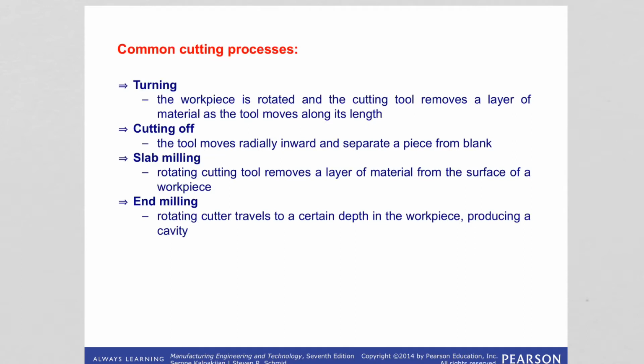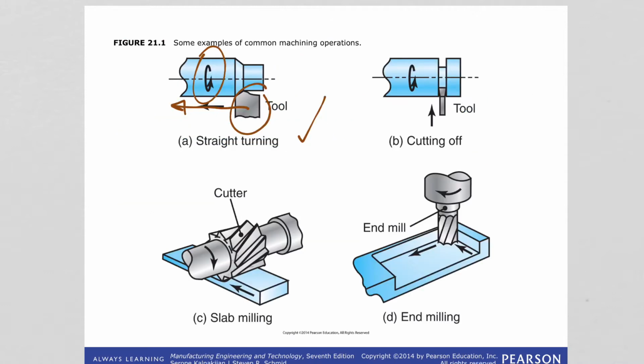And then cutting off. The tool moves radially inward and separates a piece from the blank. So we can see that the tool moves radially inward, and separates a piece from the blank.